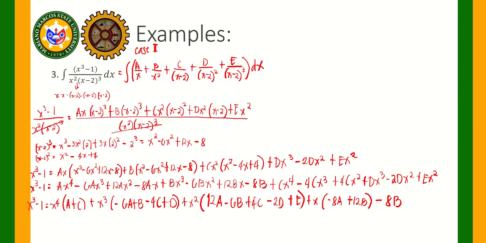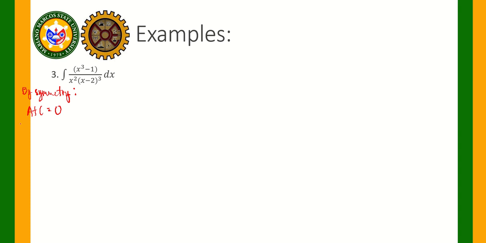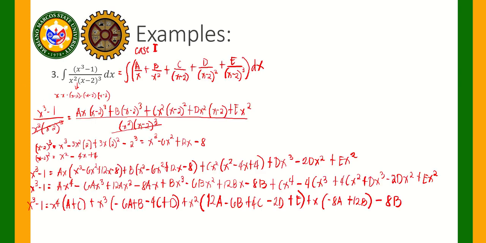For our x cube naman, that will be equal to 1 since meron tayong x cube sa left side. So numerical coefficient niya is 1. So this will be equal to negative 6a plus b minus 4c plus d is equal to 1. For our x squared naman, wala tayong x squared dito sa left side, so that will be equal to 0.